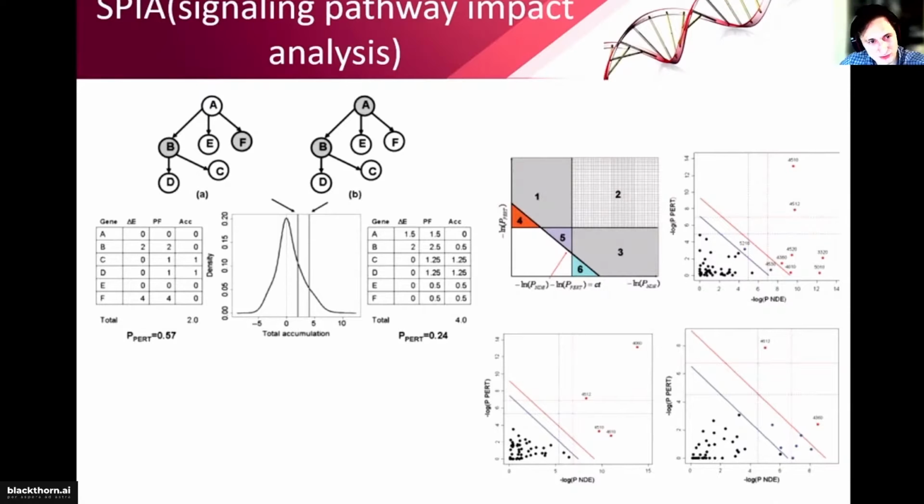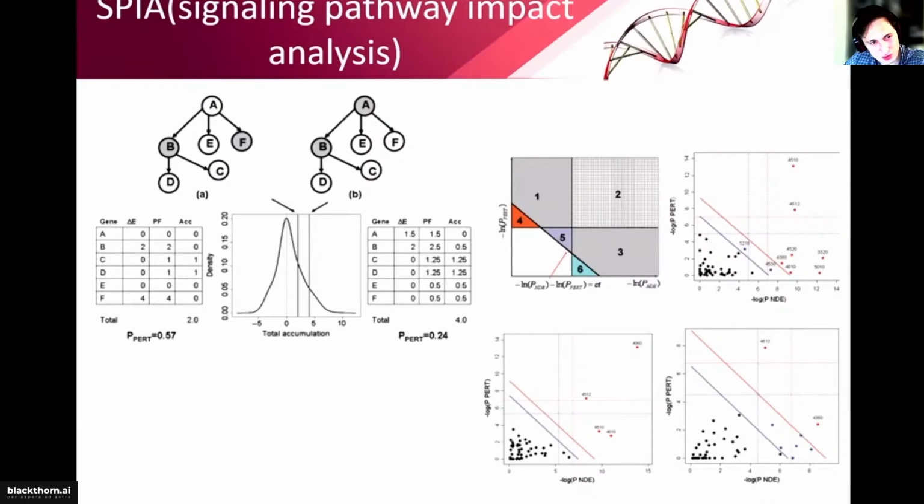What do I mean? For example, we have the same pathway, and in one sample we have significantly affected B and F genes, and in another we have B and A genes affected. What we can see is that F gene is a leaf gene. It doesn't have any downstream genes, so there is no signal propagation. And A gene is an entry point gene in the pathway, so it affects every gene.